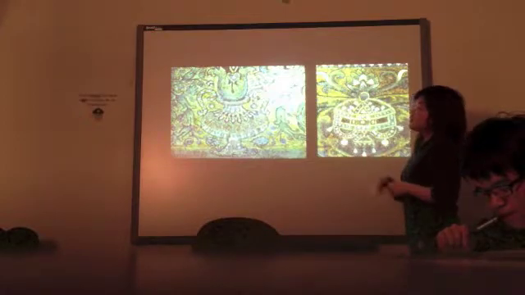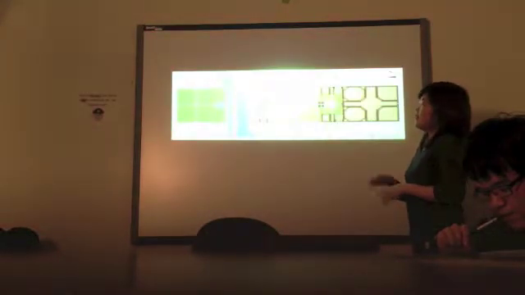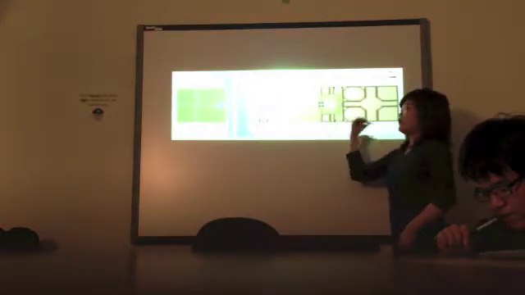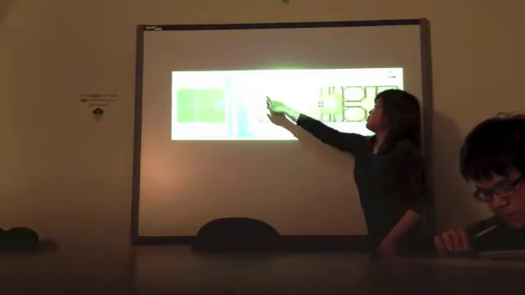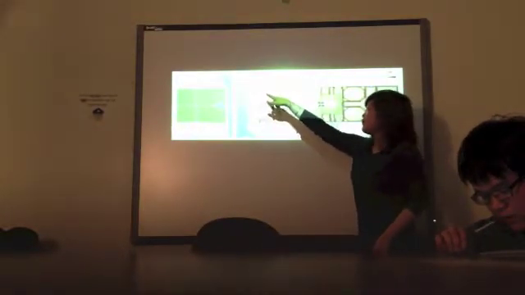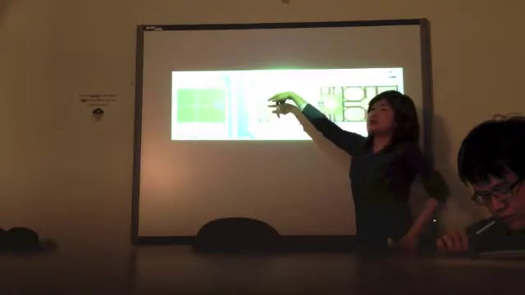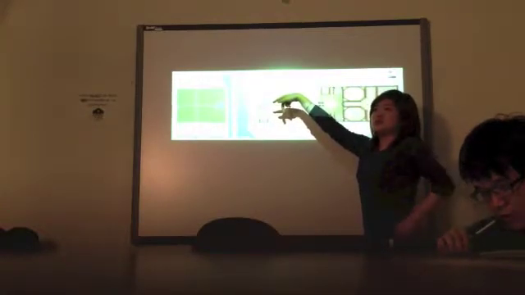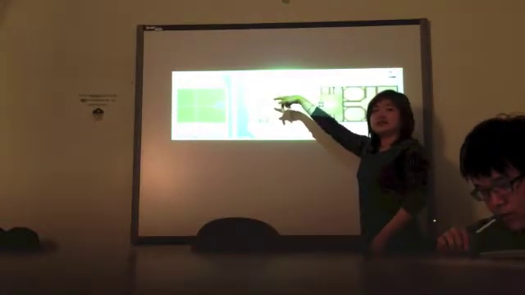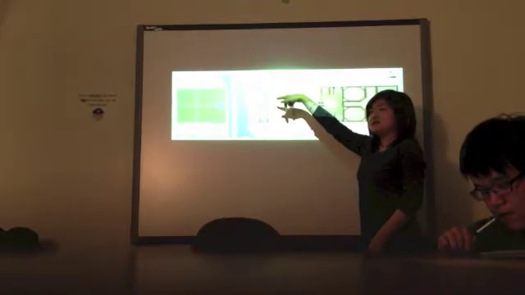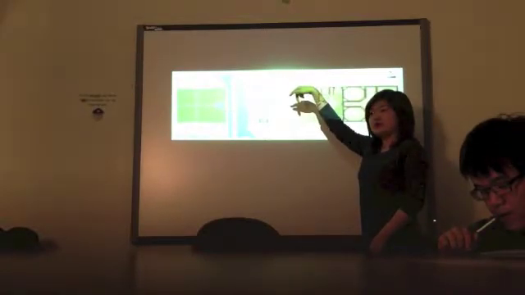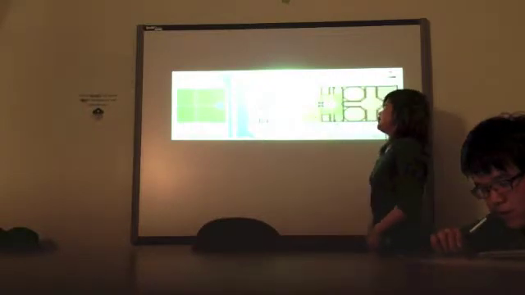So the next one, you'll see the actual building later, but this place is the Taj Mahal, which was built during the Mughal dynasty in India around 1623 to 1653.